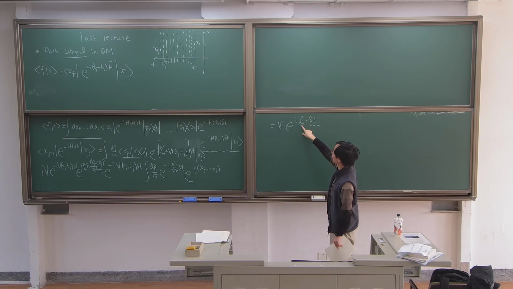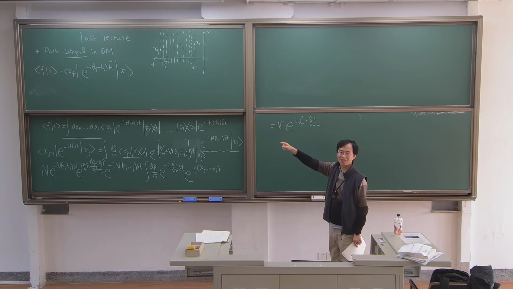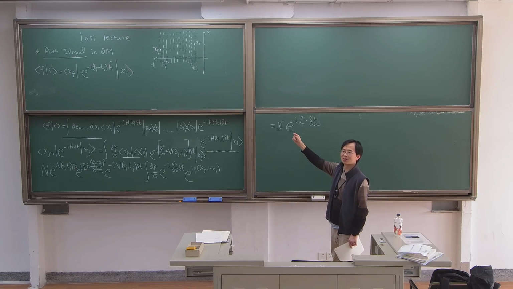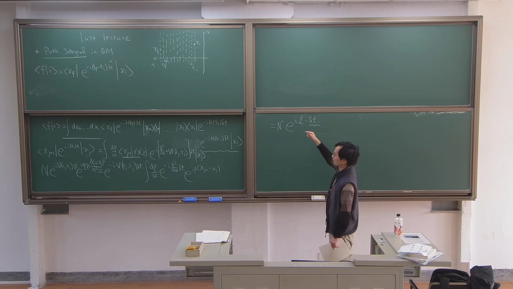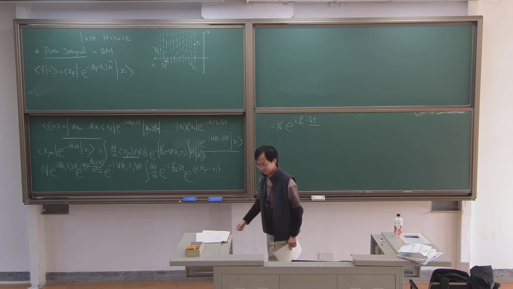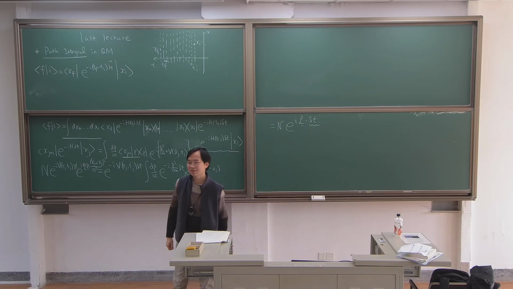You get the action. So what is that action for? That action is for a particular path. For example, you assume x as a function of t is a smooth function. Then this action is defined for a particular path.